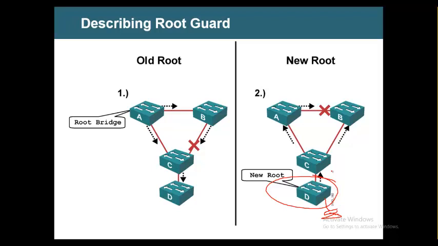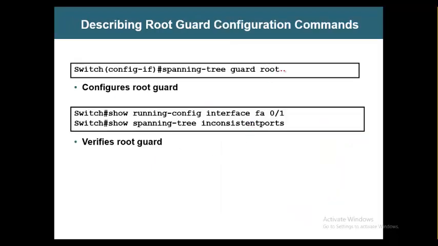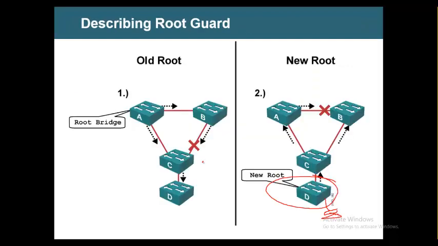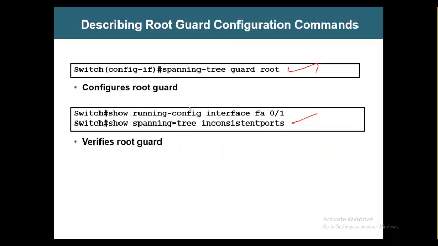How to prevent it? Enable root guard. We need to enable root guard on this port and on this port. When root guard is enabled, no superior BPDU will be allowed. So this will continue to be the root switch. That's the secret: enable root guard.